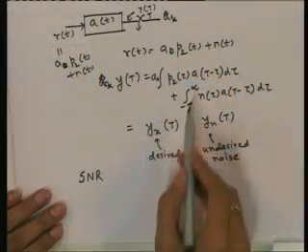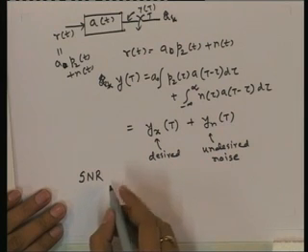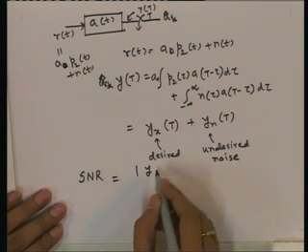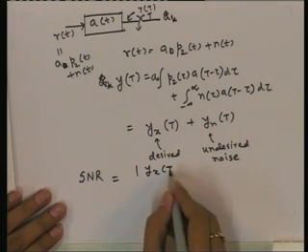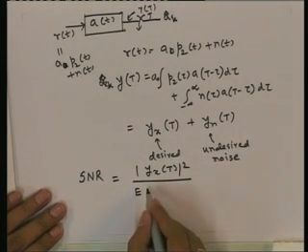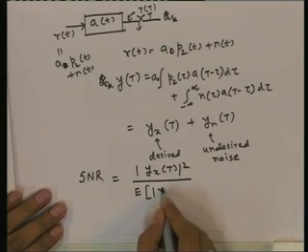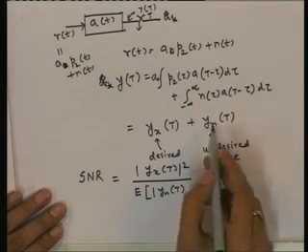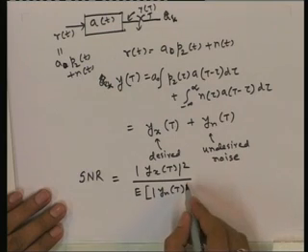So let us compute the energy of this part and the energy of this part. So the SNR will actually be the energy of y_x(t) divided by the expected energy of y_n(t), because this term is a random variable, since n(t) is a random process.